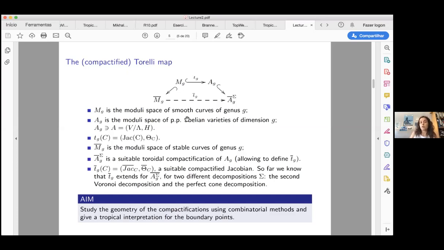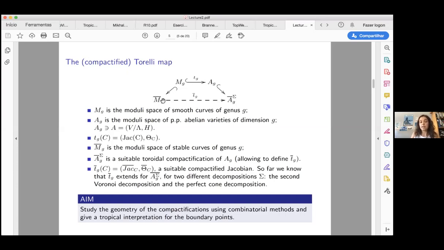Of course, it's interesting to understand if this map can be extended to the compactifications. This is the dashed arrow I have here. We already know about M_g bar, and the question is, can we extend the Torelli morphism to M_g bar?